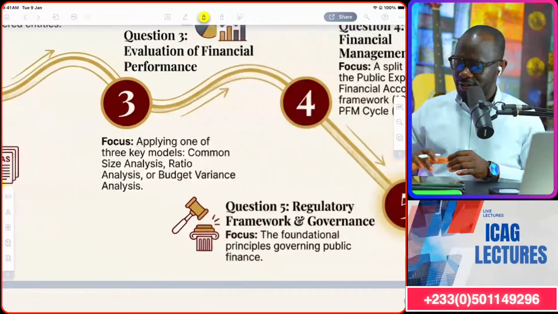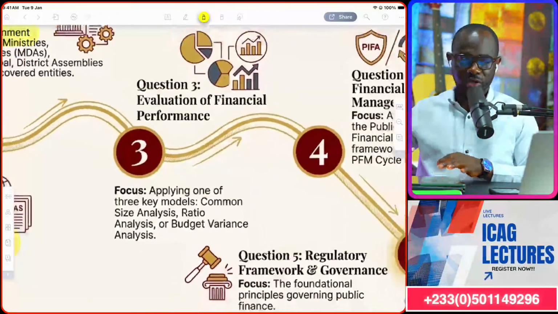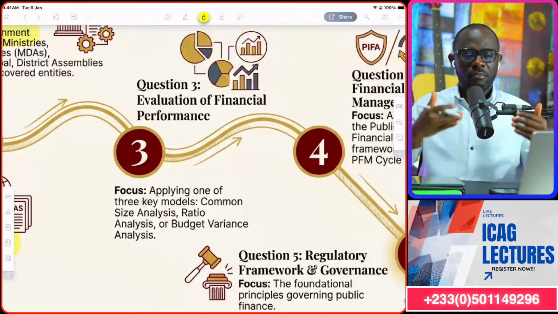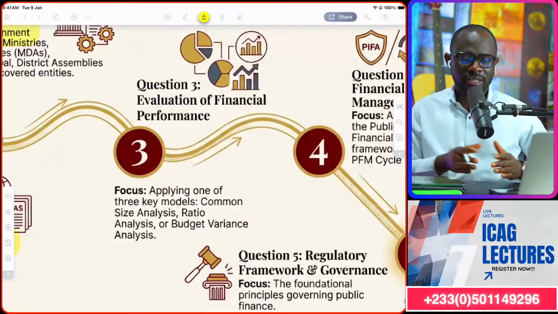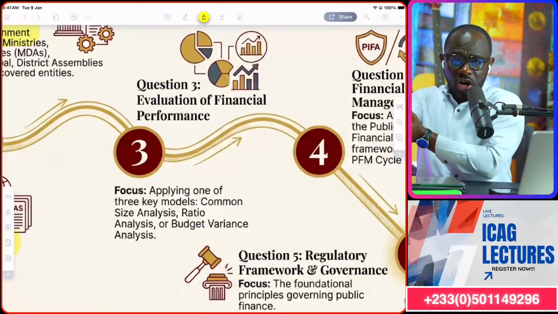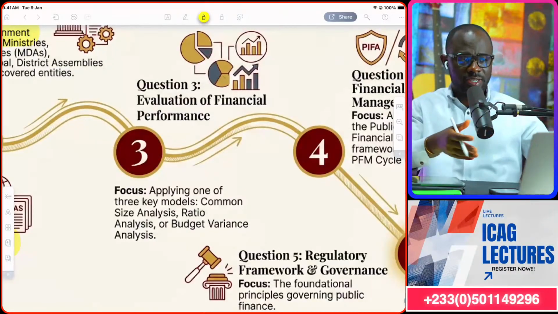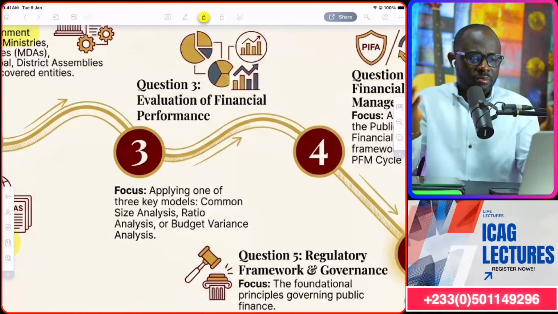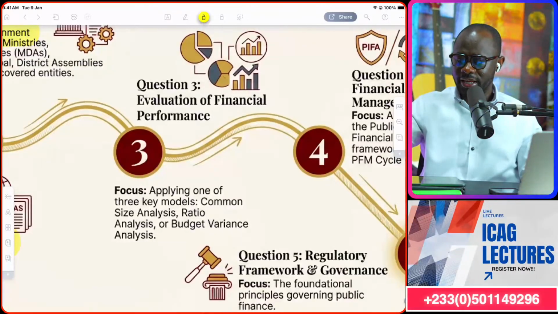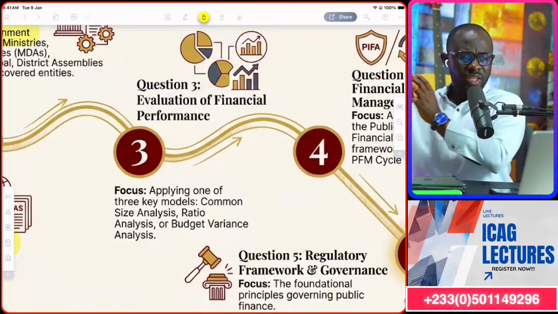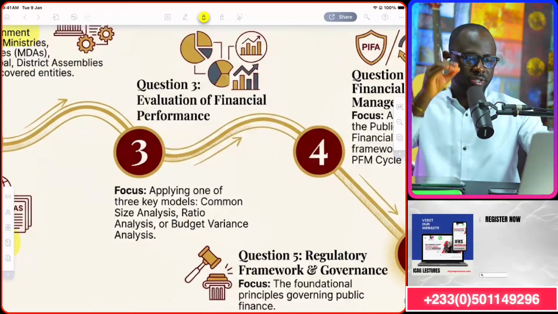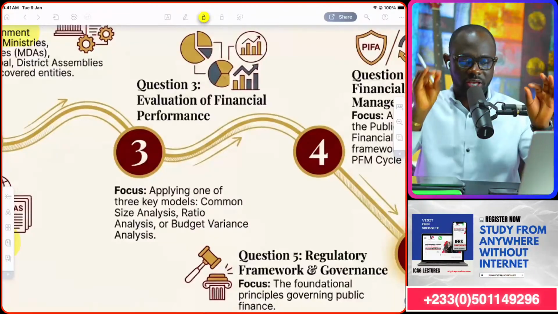Then we go to question number 3, and this is going to be on evaluation of financial performance, because it is important we assess the financial performance, position, and condition of the central government or covered entities. So here also, the examiner can come for us from any type of entity in question. It could be a covered entity, it could be the central government. It all depends on the discretion of the examiner.